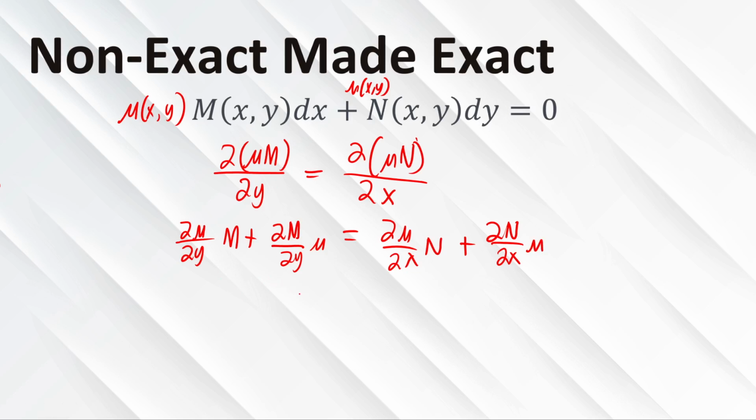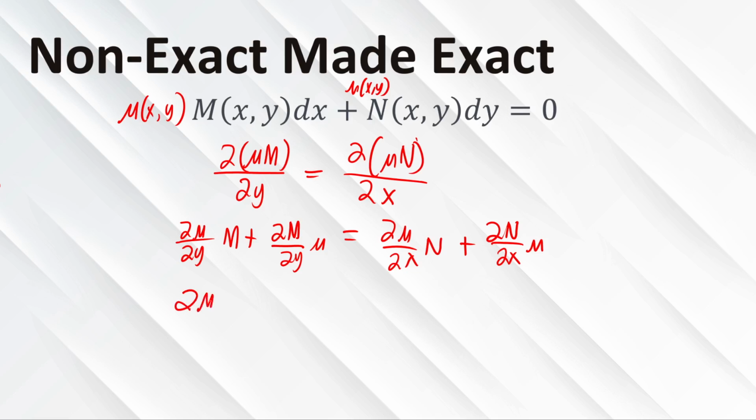So, ito, udv plus vdu lang ito kasi yung partial derivative ng product. At kapag pinagsama-sama natin yung mga may mu, ilipat natin, we have partial derivative of mu with respect to y M minus the partial derivative of mu with respect to x N equals, or baliktad natin, yung mga may mu ilagay natin dito sa kanan.